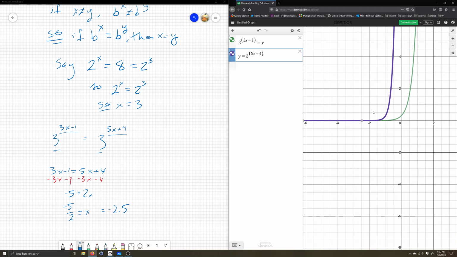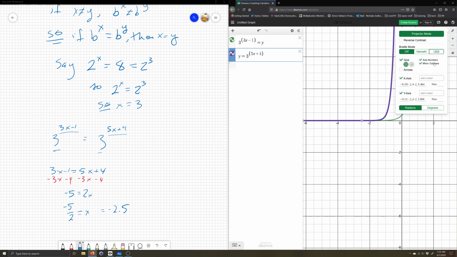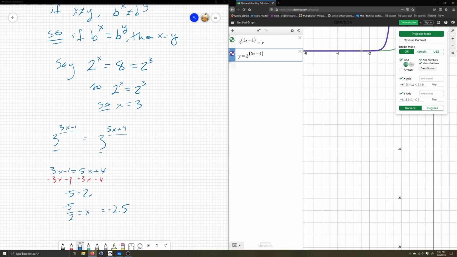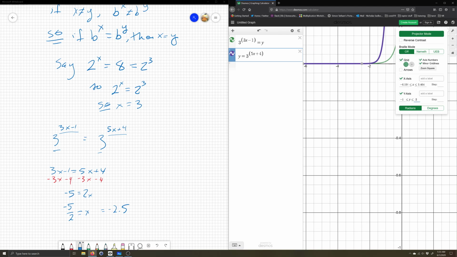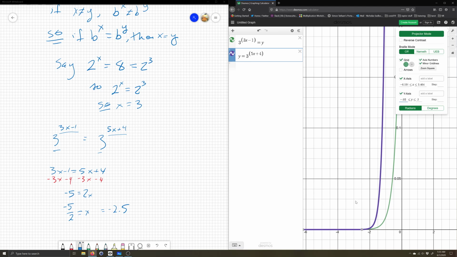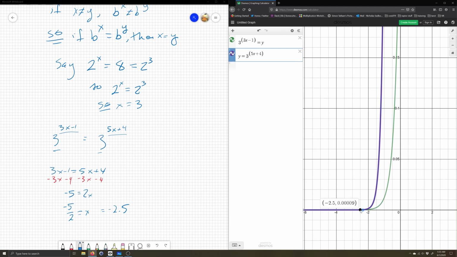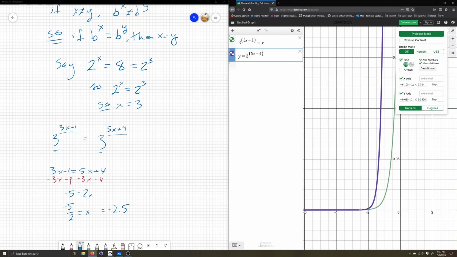I'm going to zoom in. So the problem is these functions get small so quickly. Change this to 1, this to negative 1. Oh, you still can't see it. All right. Negative 0.02. Oh, wow. Oh, okay, well, it's really small there. All right, so you're going to need some zeros in there.